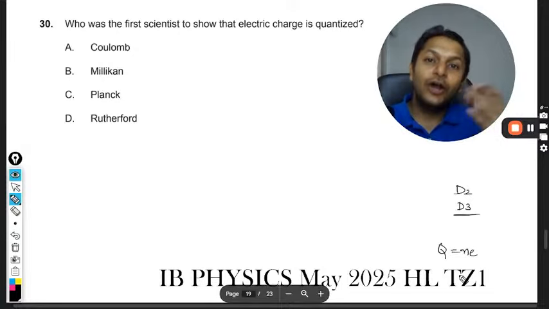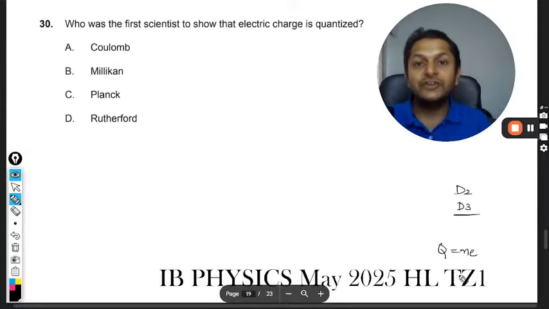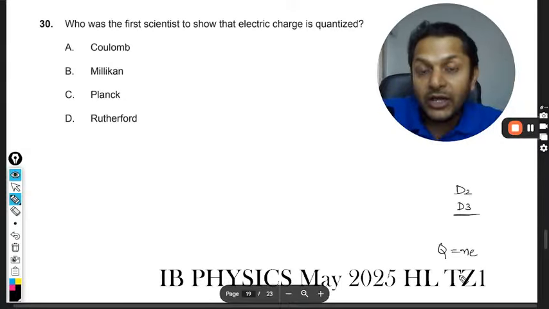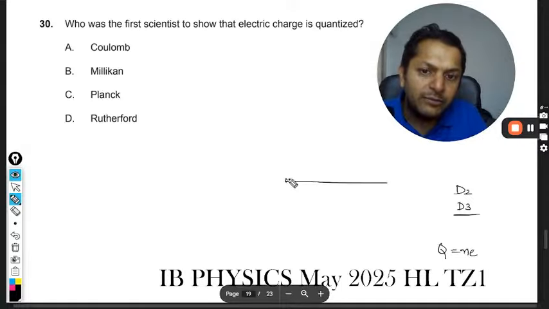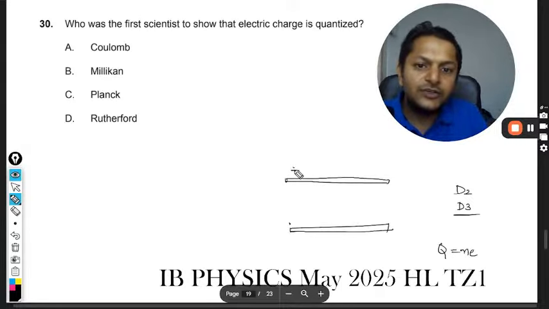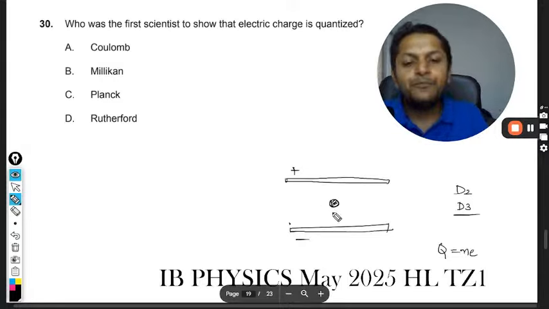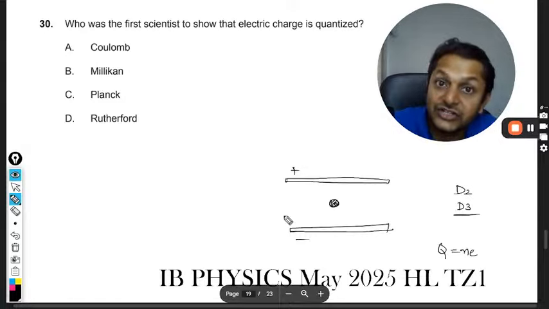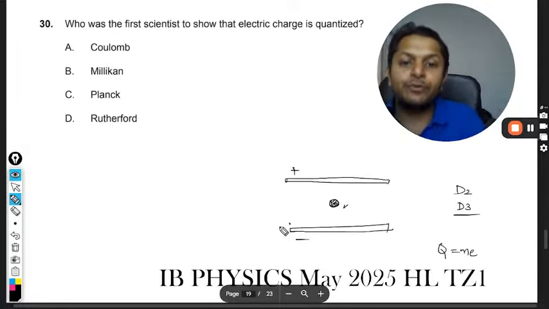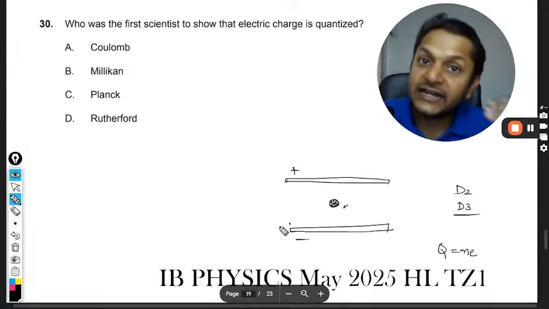It was Millikan's oil drop experiment where he was actually trying to find the charge on the drop. Now you already know what Millikan's oil drop experiment is, by the way. These are the two plates here. This is positive, this is negative. So he tried to vary the electric field across the plates in such a way that the oil drop starts levitating inside the space.